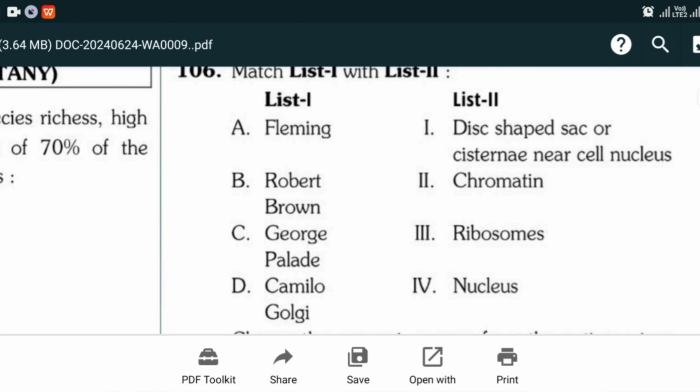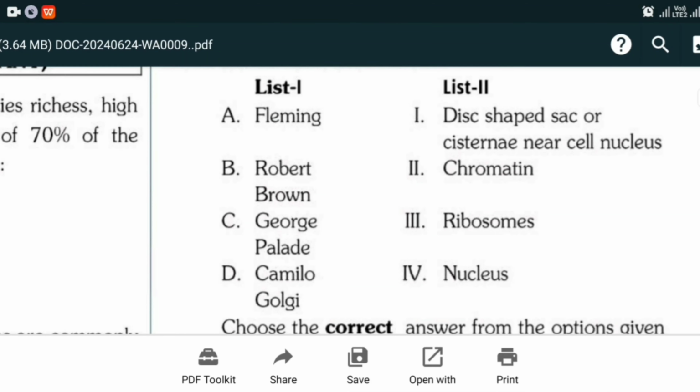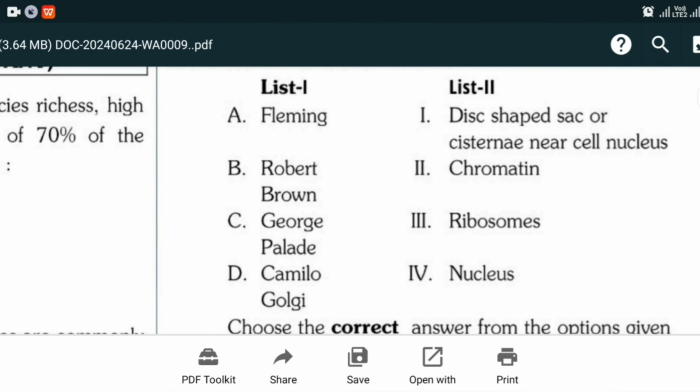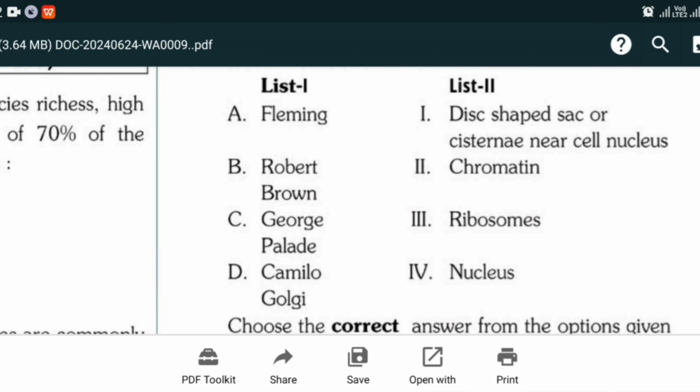Match the following. In list 1 are scientists, and in list 2 is what they have discovered. Then Flemming. It is from the cell cycle and the cell the unit of life lesson. In that, the word chromatin was given by Flemming. So A is 2, correct, and Robert Brown is nucleus, correct. Then George Palade discovered ribosomes, so C is 3.